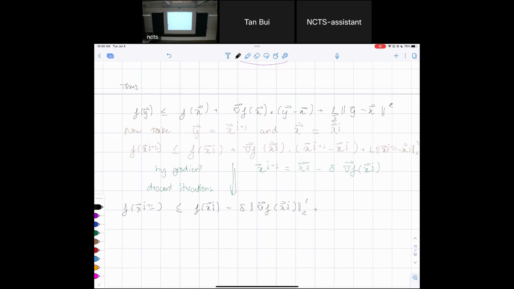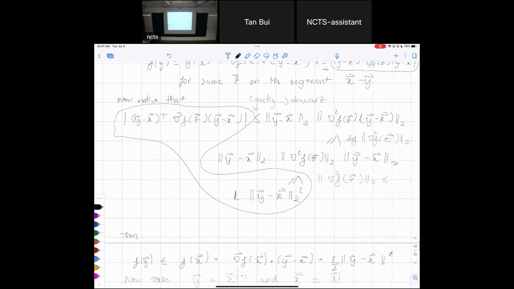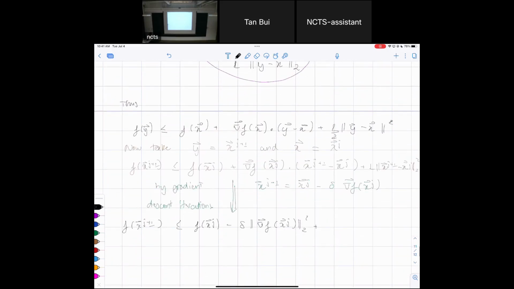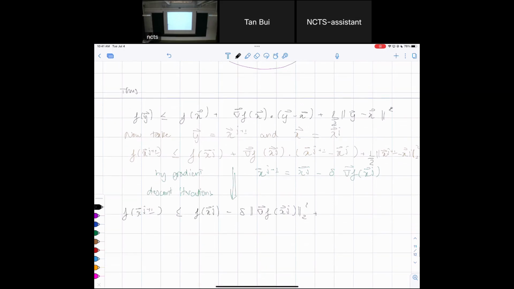That's a half because of the Taylor expansion. So there's a half here, and now plus L delta squared over 2 times the norm of the gradient of f of x_j squared. Everybody okay with that so far?